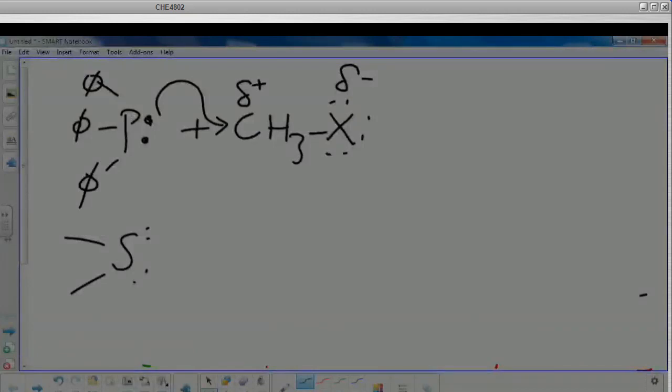So now this phosphorus will attack from the back. How many electrons are taking CH3? Two.